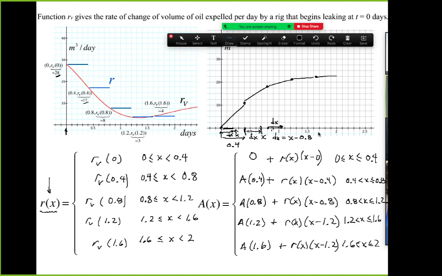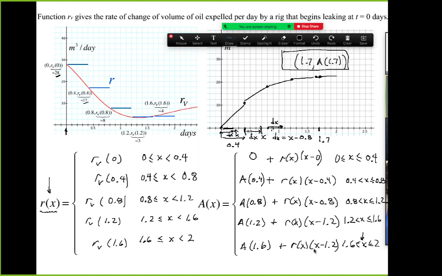Say at 1.7, A of 1.7 is the y coordinate of that. What's the meaning of that point that we get from this function? So what's going to happen? X is 1.7. It's going to come to this line.